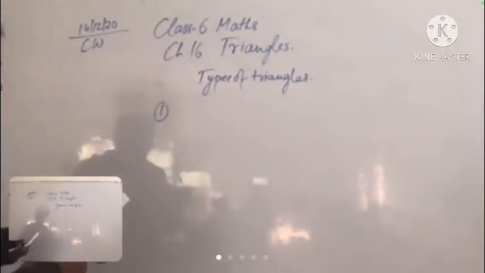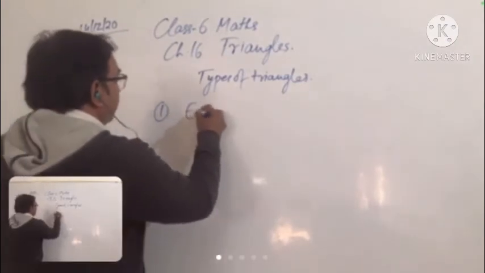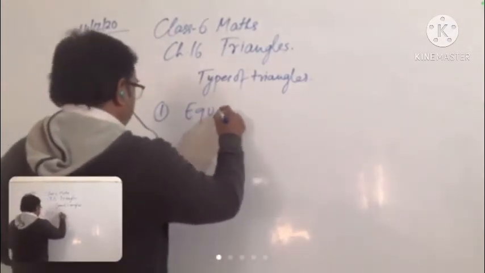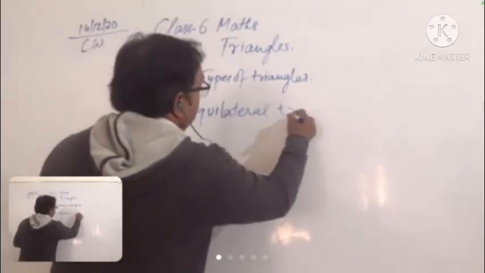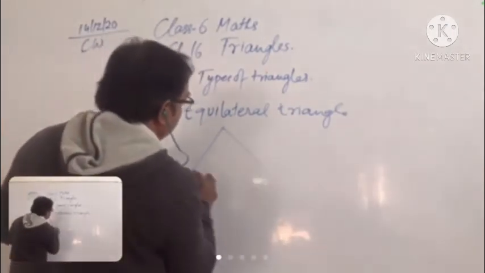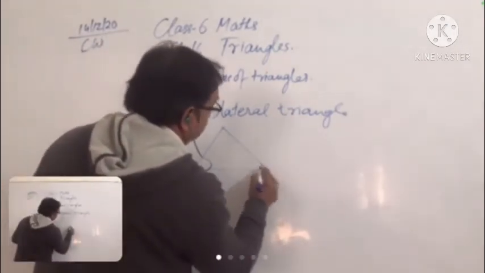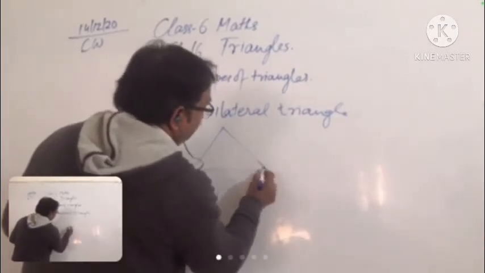Now classify the triangles on the basis of their sides. The first is the equilateral triangle. In an equilateral triangle, all sides are equal. If all sides are equal, then all angles are also equal.